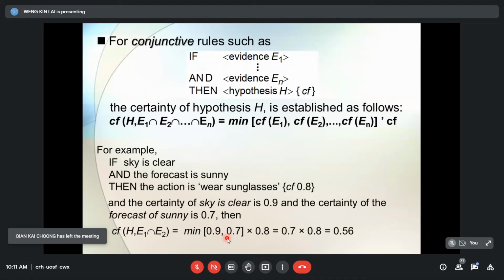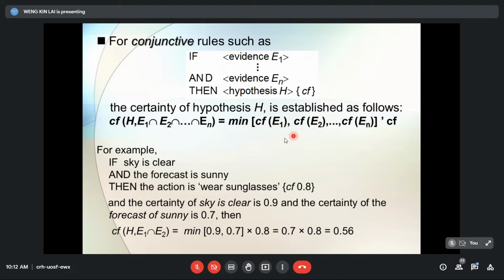Because if I take the higher one, of course, the value will be different, but this is actually more of, if you have this conjunction or conjunctive rule of the AND function, you can see that it's always very conservative, as they say in English. You're a bit careful. You take the smaller of the lot. That's why you take minimum.